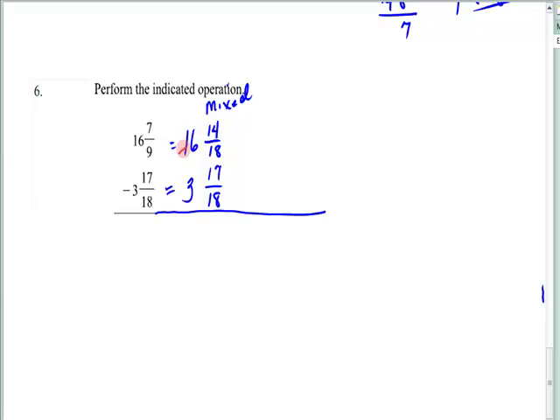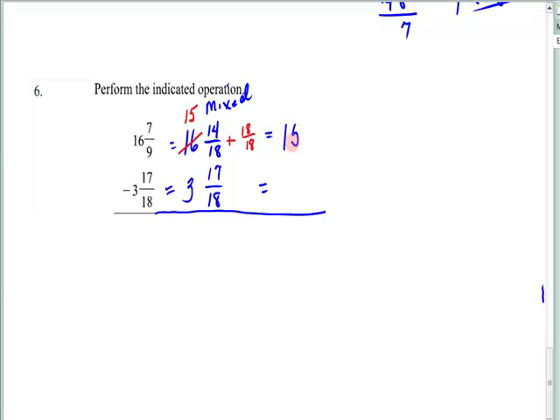So I'm going to borrow from the 16, making it a 15. If there were nothing sitting here, the one I borrowed would be called 18/18. I'm going to add 18/18 to the fraction that's already there.